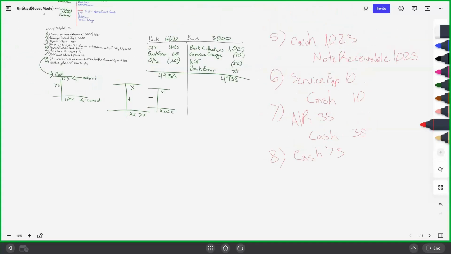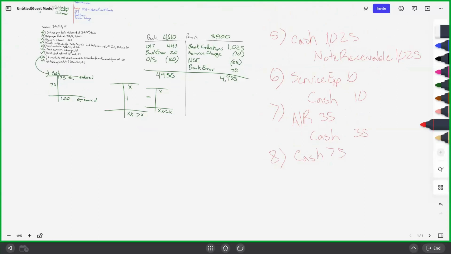So if this was for a utility bill, what do you think is going to be your credit? Utilities expense. Perfect. It doesn't seem to make sense because you're crediting an expense, but you're fixing the number again. The biggest reason is we basically overstated how much we paid on that utility bill. And that would be all.